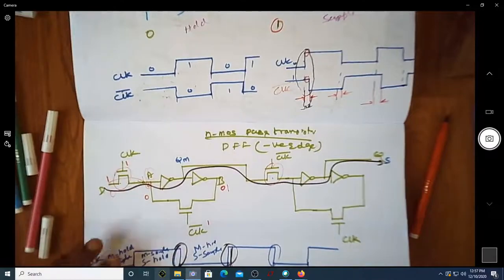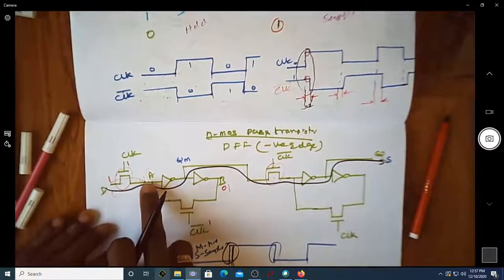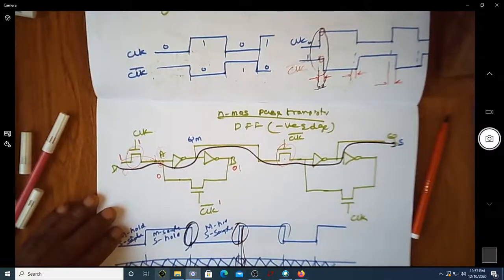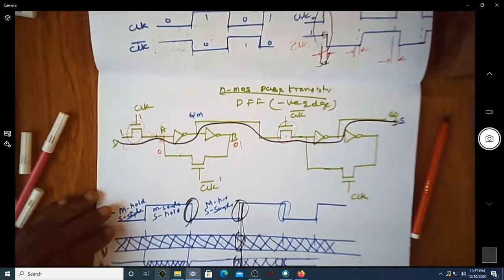So this problem of race condition, and this particular A point being driven by two sources, can be avoided if we use non-overlapping clocks.